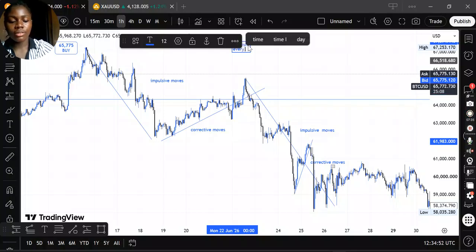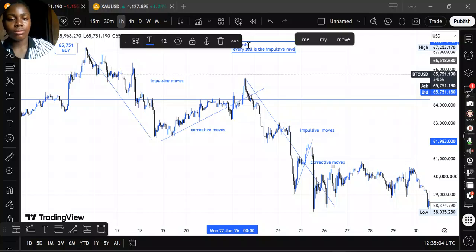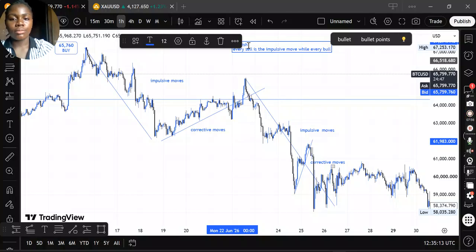Every sell is the impulsive move, while every buy in a downtrend is the corrective move.